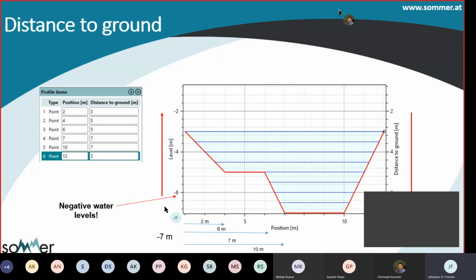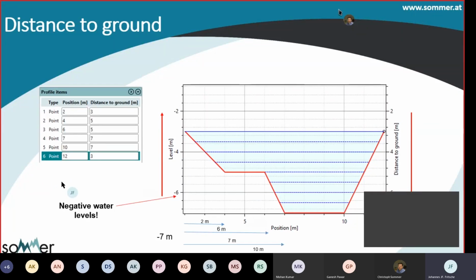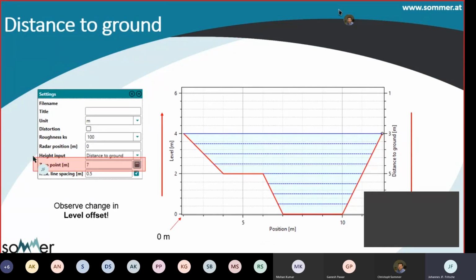So we do a trick and we shift our level scale to a 0. We have a setting in our Q Commander that's called 0 point. By default, the 0 point is 0 meters. And in our case, we say the bottom of the channel is our 0.